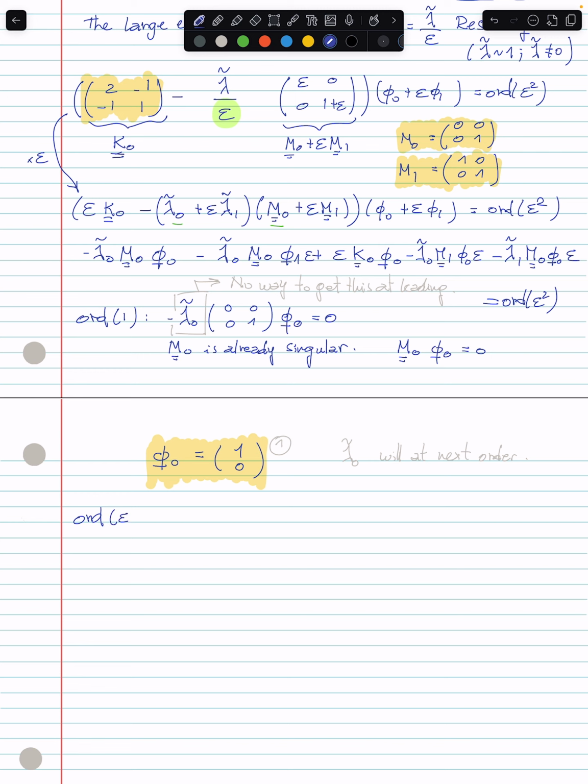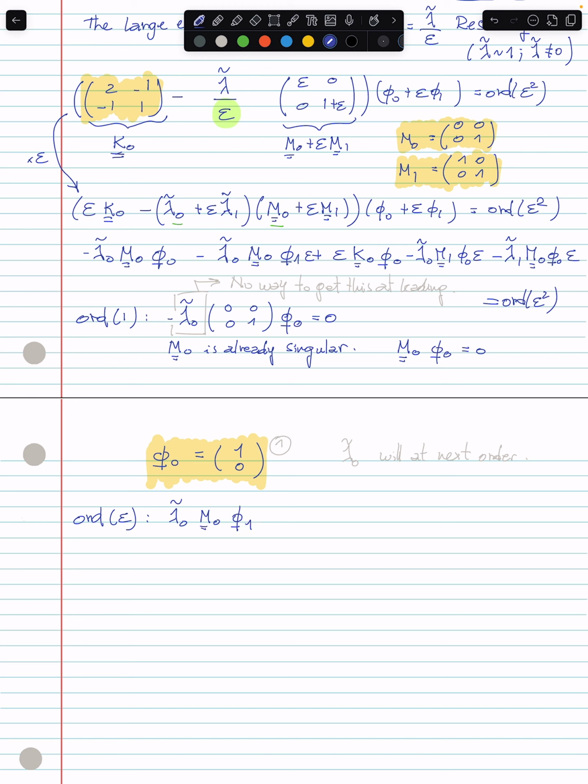Order epsilon. What do we have at order epsilon? We need to collect the different remaining terms. So minus lambda 0 tilde m0 phi 1, with a minus over here.